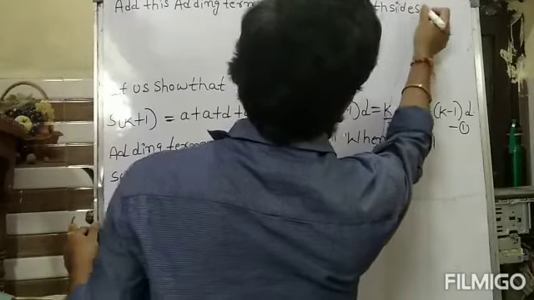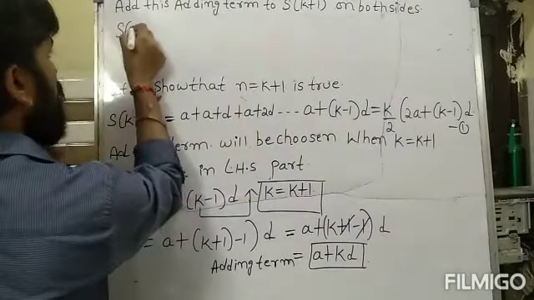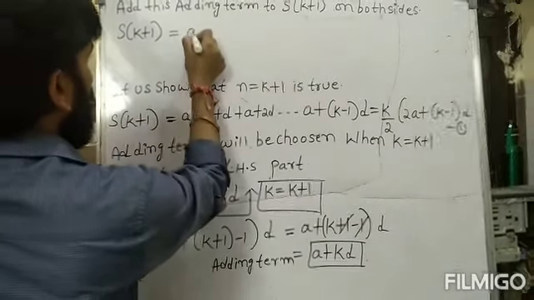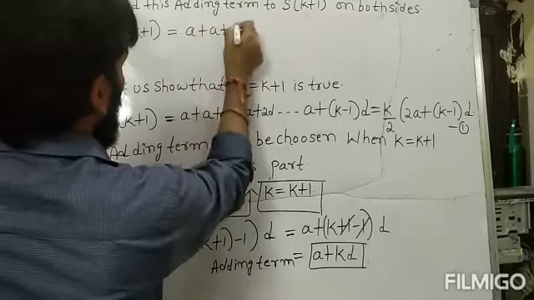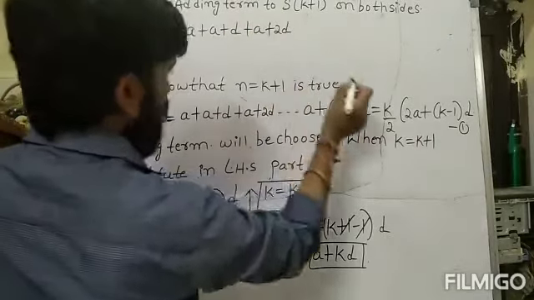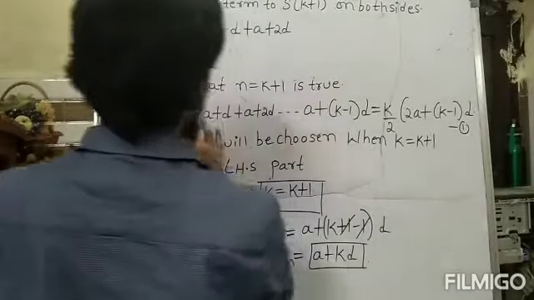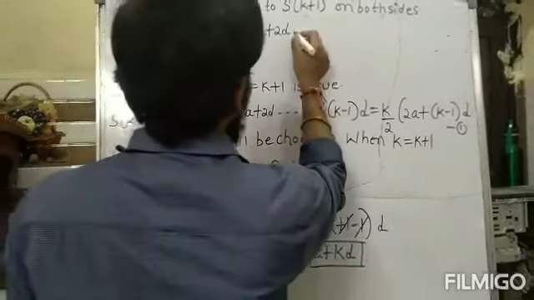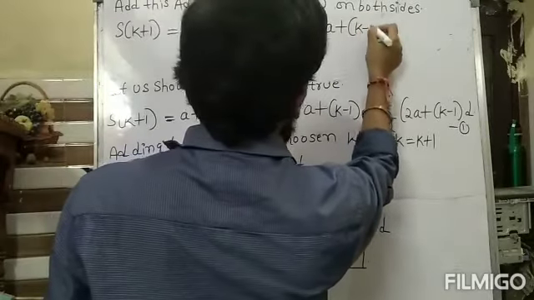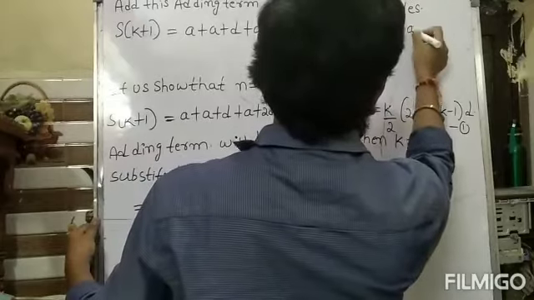Then you will get S of k plus 1 equals a plus d plus a plus 2d, and so on, a plus k minus 1 into d, plus this we have to add a plus kd.